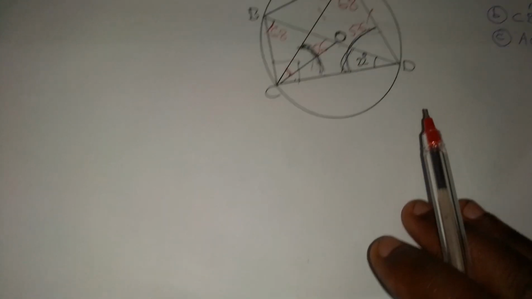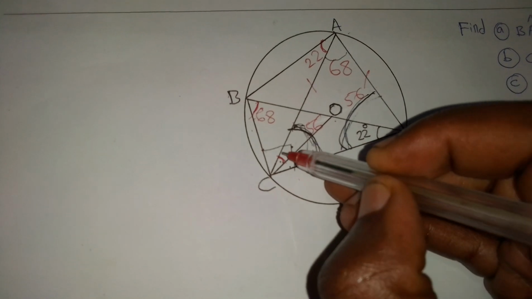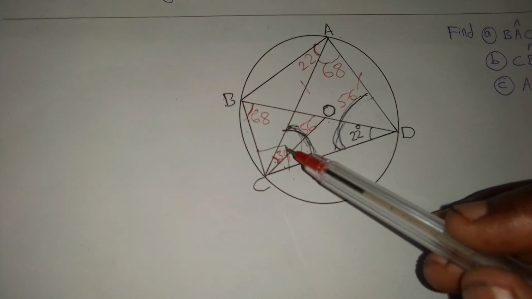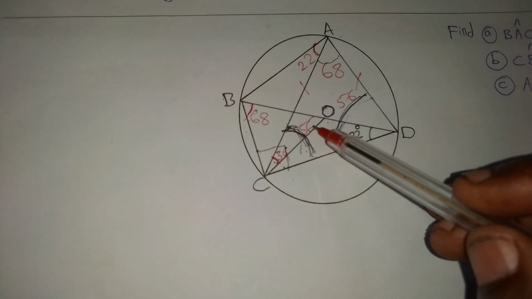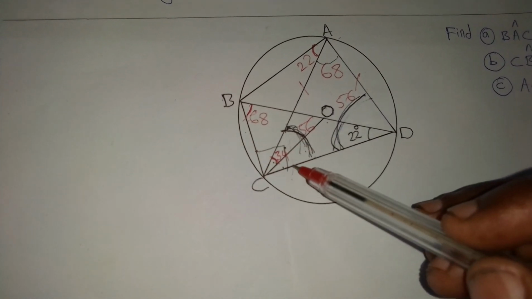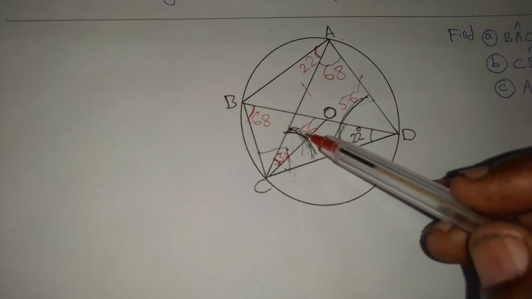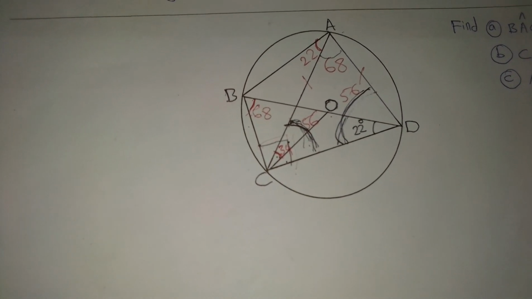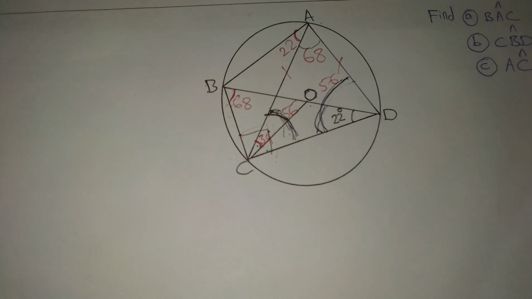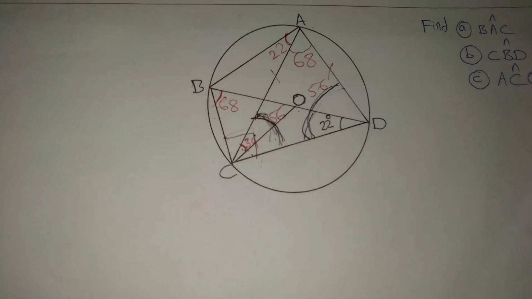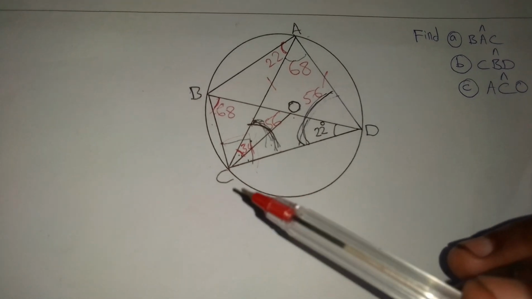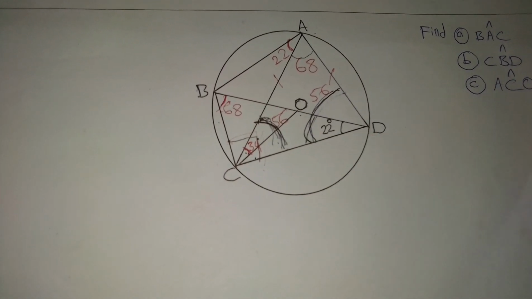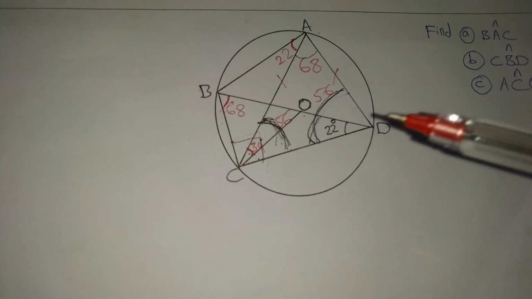You see, it means that at this point there is 56, so that when we add 34 plus 56 we'll be able to get the 90 which is there. So this is one way that you can find this. But there are a lot of ways that you can find this. It is not the only way that we can find this angle which is there.